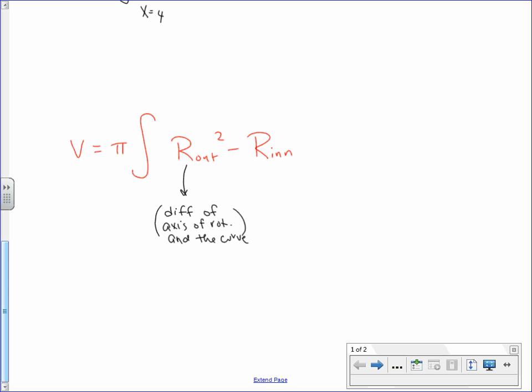And when you find that difference, you're either going to do top minus bottom if you're in terms of x, or if you're in terms of y, you're going to do right minus left. All right, now you can turn the page.